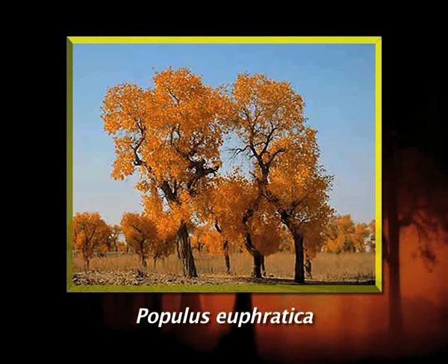Populus euphratica grows fast. Annual diameter increments of 4 to 5.3 centimeters have been measured. It can tolerate a high degree of salinity and extremely arid and continental type climatic conditions, provided the subsoil is moist.